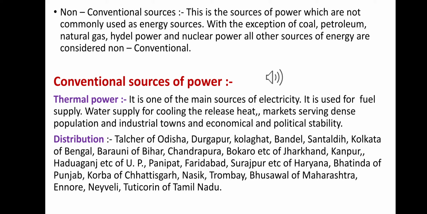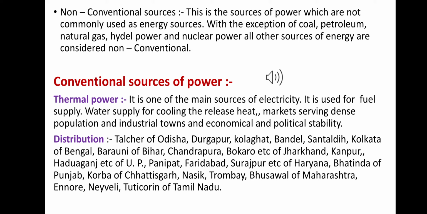Now we discuss conventional and non-conventional sources and their advantages and disadvantages. Conventional power sources are those which are commonly used for the production of electricity, and non-conventional sources are those which are not commonly used as energy sources. Okay.